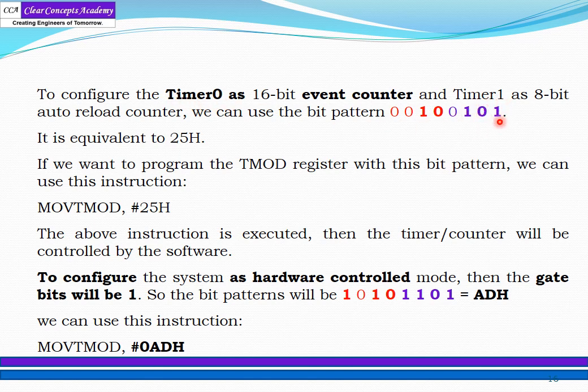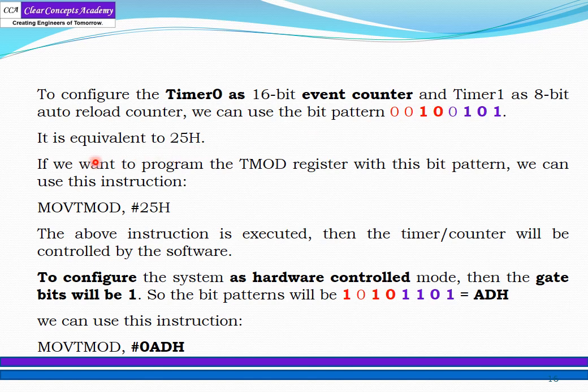This 0 1 means timer mode 1, that is, a 16-bit mode. And this is a timer. You want to use it as a timer, that's why you are setting it to 1, and this bit is irrespective of the external interrupt.